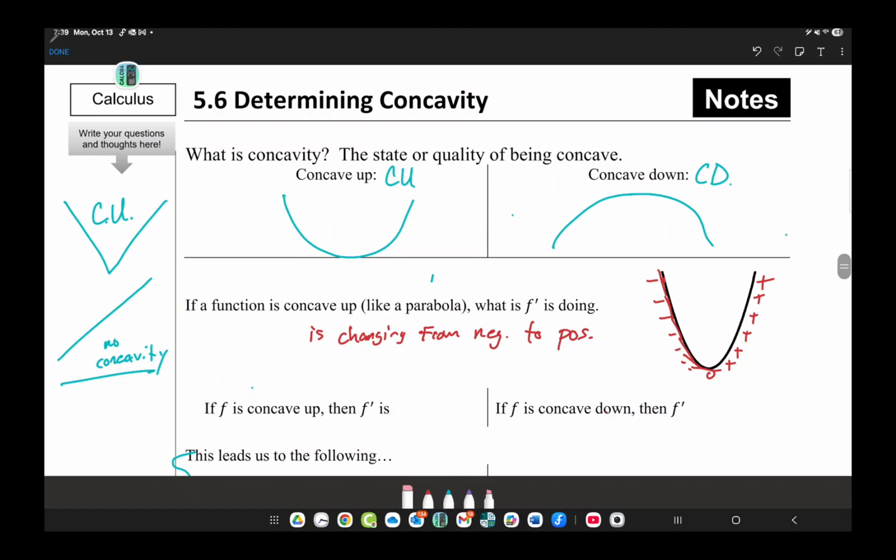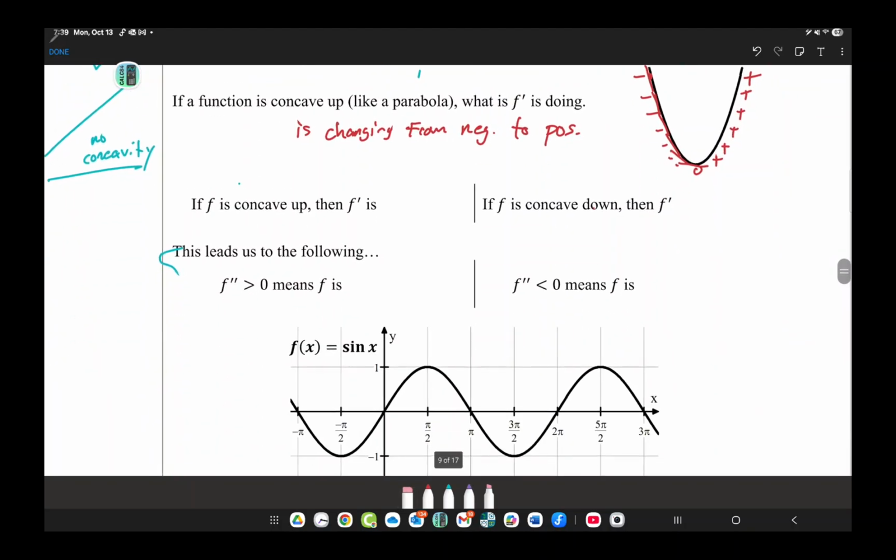If you remember, we use this also to find your local max and local mins. There is something we're going to do tomorrow called the second derivative test that will help us, and I think it's a much easier way of finding local max and local mins. All right, that should be that.